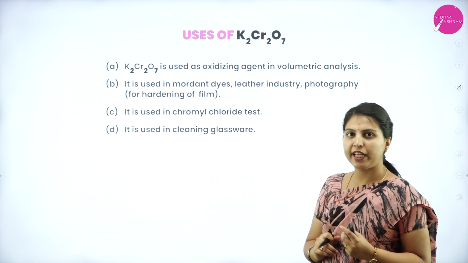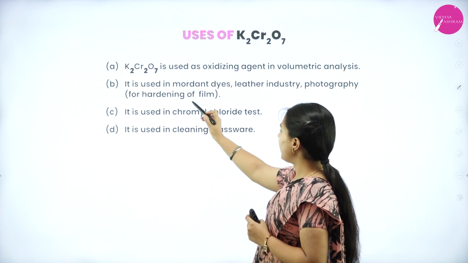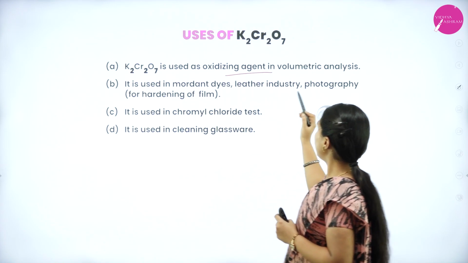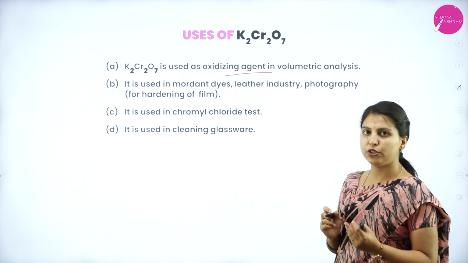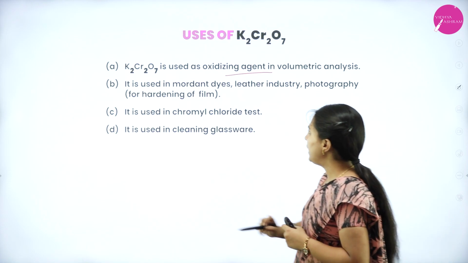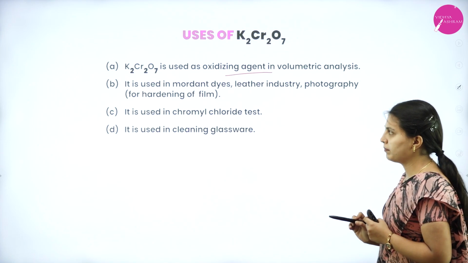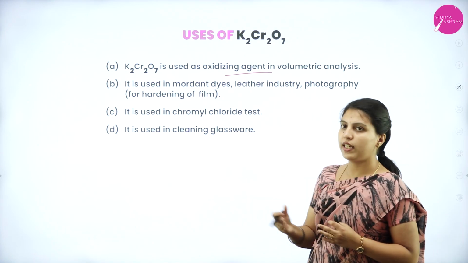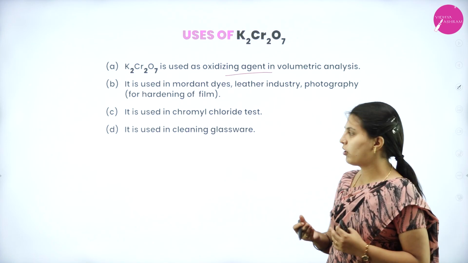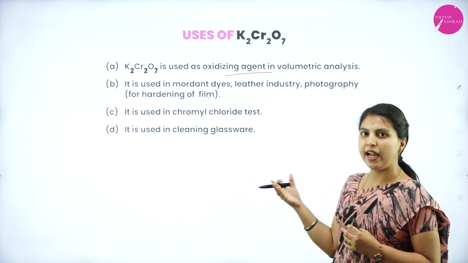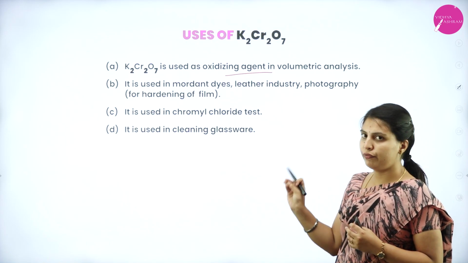Uses of potassium dichromate. Potassium dichromate is used as an oxidizing agent in volumetric analysis. We have seen numerous examples. It is used in dyes, the leather industry, and photography for hardening of film.